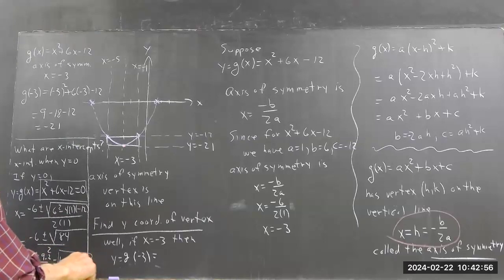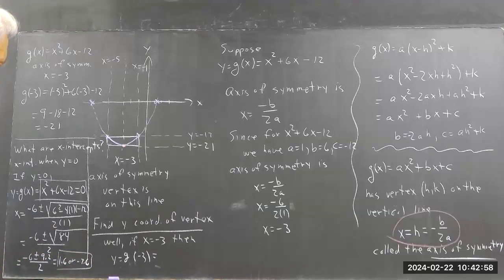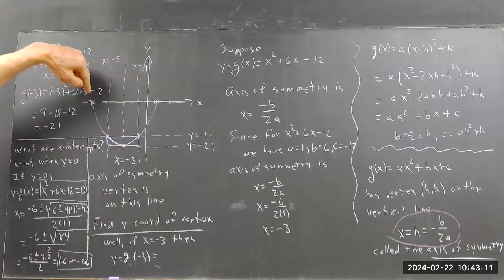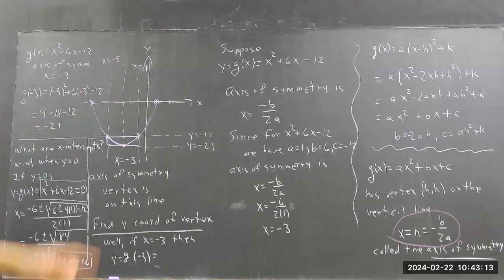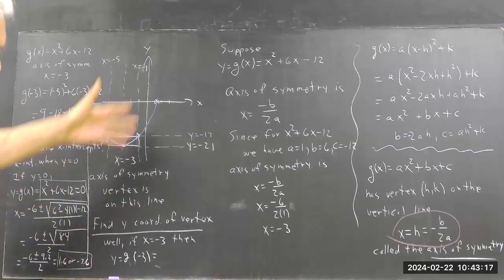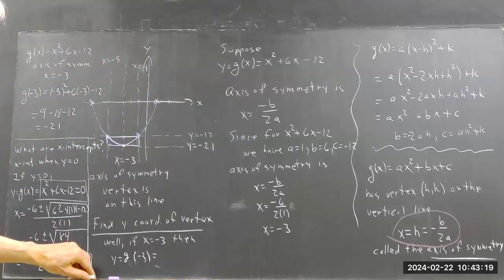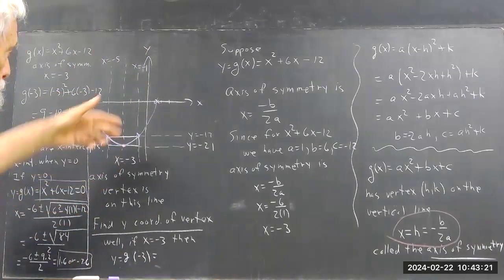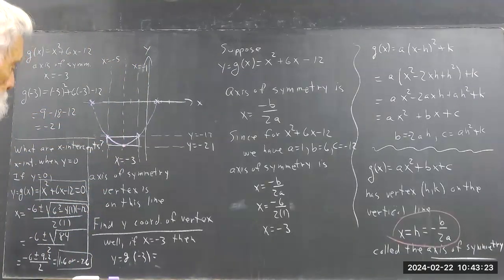Okay, well, it turns out that agrees pretty well with what I drew. Now, there's no reason for me to have expected that it would, except I kind of know the way a parabola is shaped after hundreds of years of drawing them.